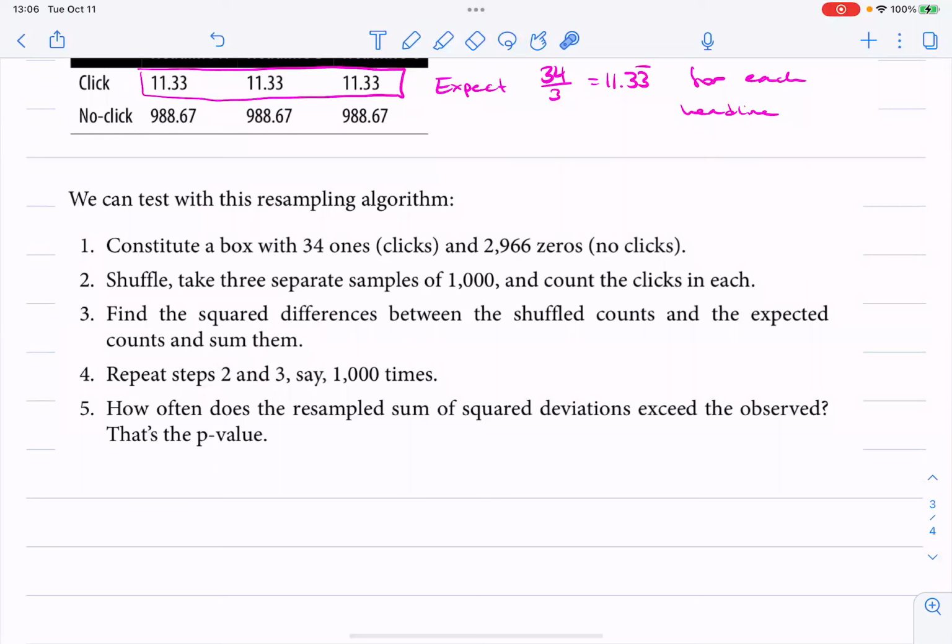And then I repeat this maybe 1,000 times. So I'm just taking the information that I had, 34 successes and 2,966 failures, and randomly assorting them into 3 different samples.